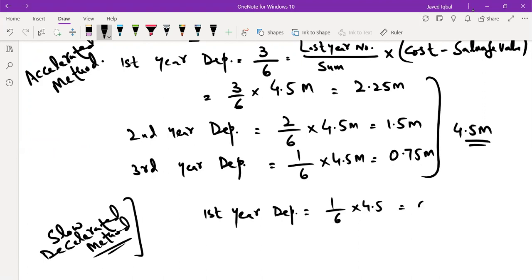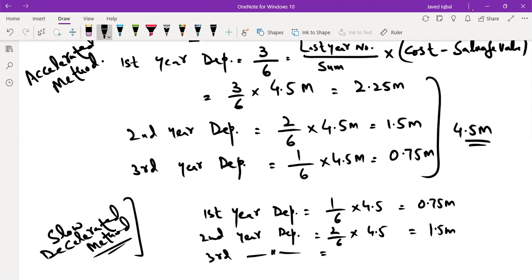So this gives you 0.75 million. Second year remains the same. Third year is the highest, since it has the highest weightage, 3 by 6.